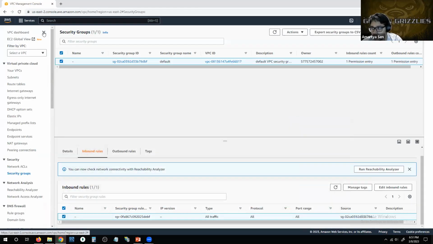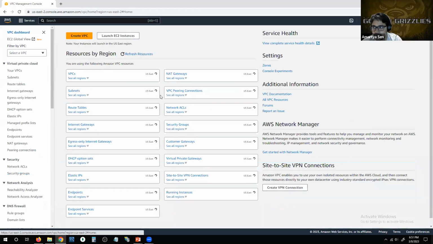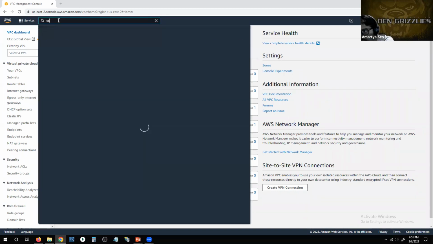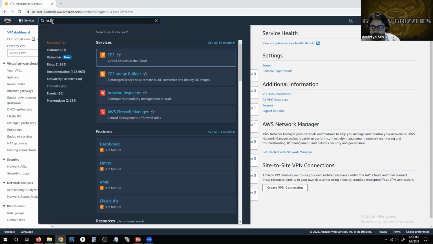So just like any of these services that you work with, first and foremost, as a good practice, make sure that you're in the region that you're working with and in the correct account, because accounts are associated with the permissions. You want to make sure that you are in the right account as well. So for EC2, you essentially just have to go to the EC2 service itself.